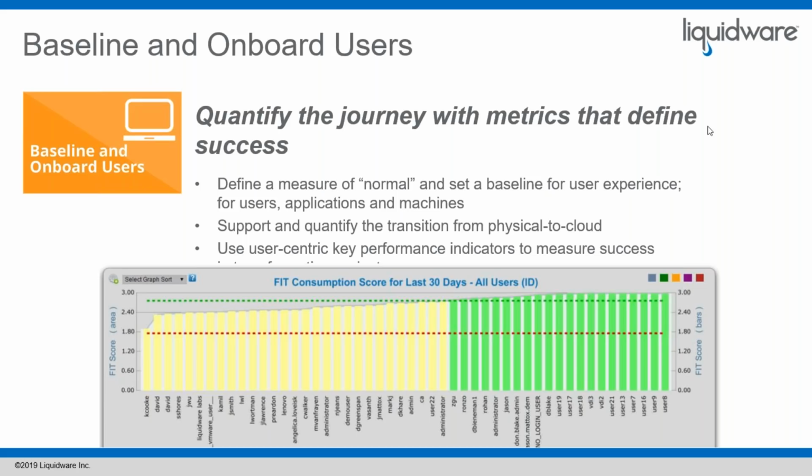So you can define and measure what you call normal. We have some metrics in there in Stratusphere already, but you can modify those to set as a baseline for user experience across the board. And it really supports this movement from physical desktops to virtual desktops or pure cloud desktops like WVD. It really gives you this user-centric look of performance.